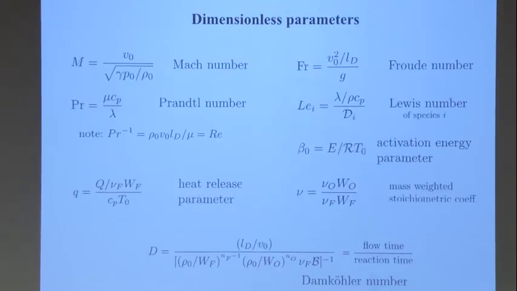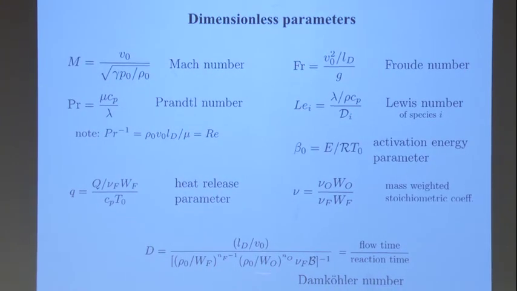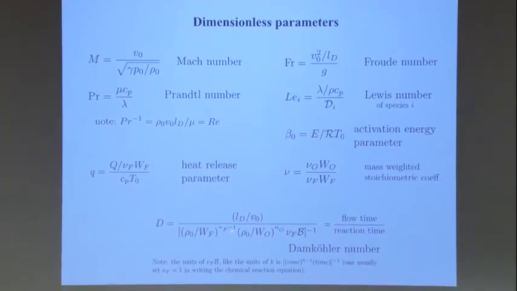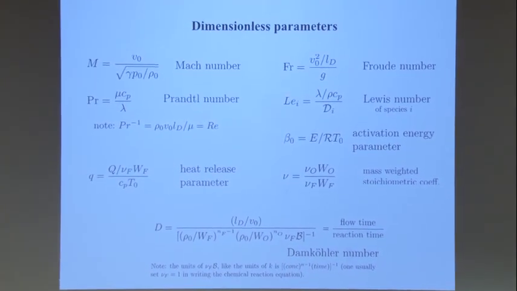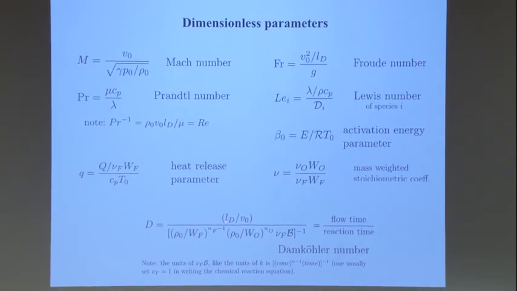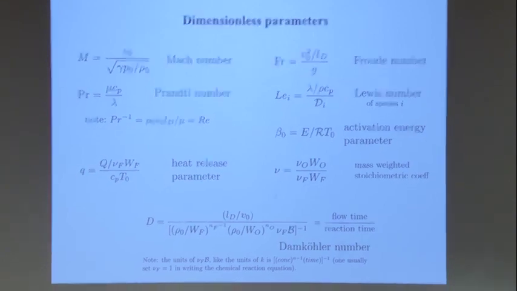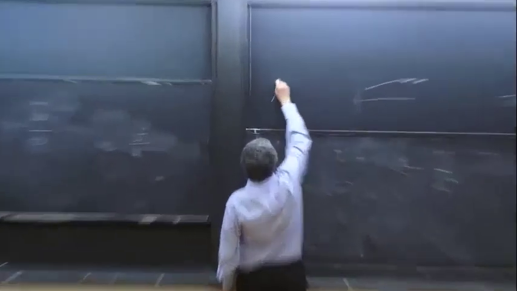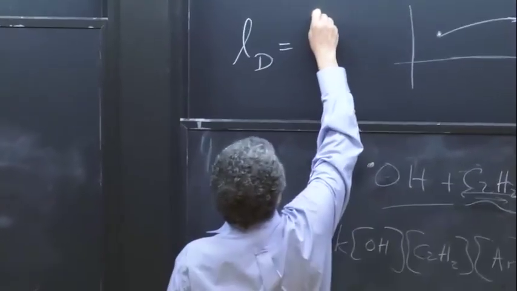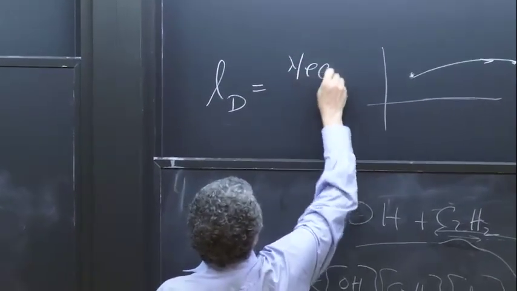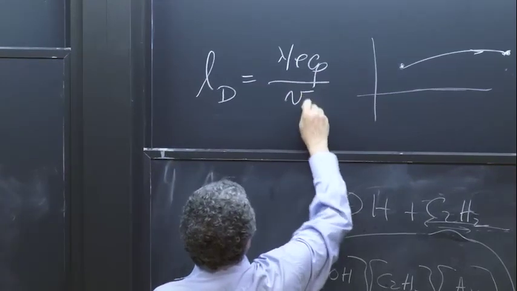So it may look a little ugly in form, but I wrote it in a way that identifies its physical meaning. So there is the diffusion length LD divided by V naught. Let me write what LD is here so that it's clear. LD is the thermal diffusivity, which is lambda over rho Cp, divided by V naught.